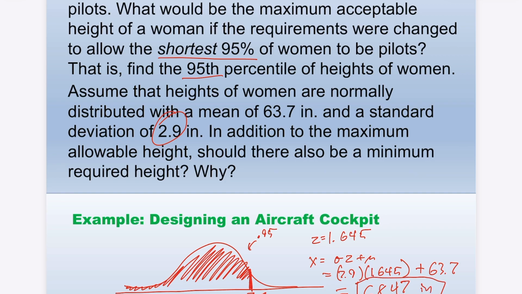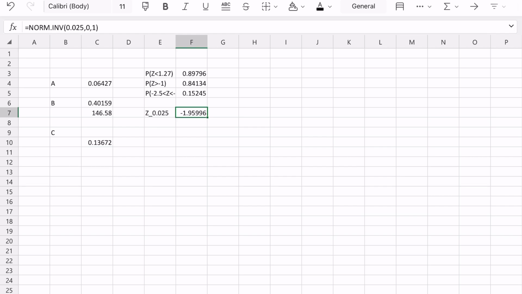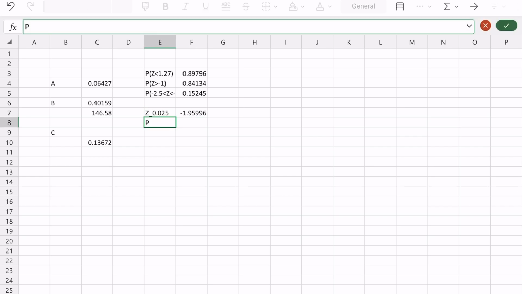Okay, now let me use technology, and maybe we can demonstrate that we don't need to standardize here. What I'm looking for is P95, the 95th percentile among heights of women.